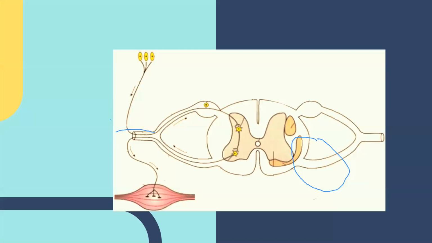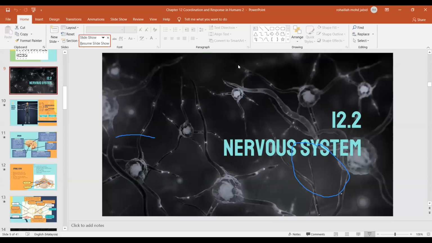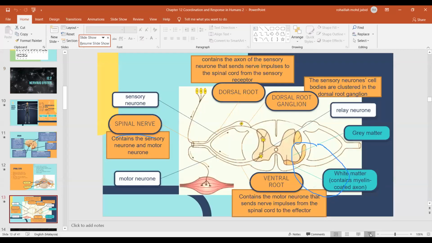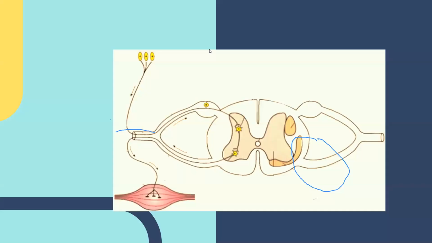For the next slide, we are going to focus on the structure of the spinal cord. As you can see here, this is the structure of the spinal cord. This part, like a butterfly, which is located in the middle, is known as gray matter.